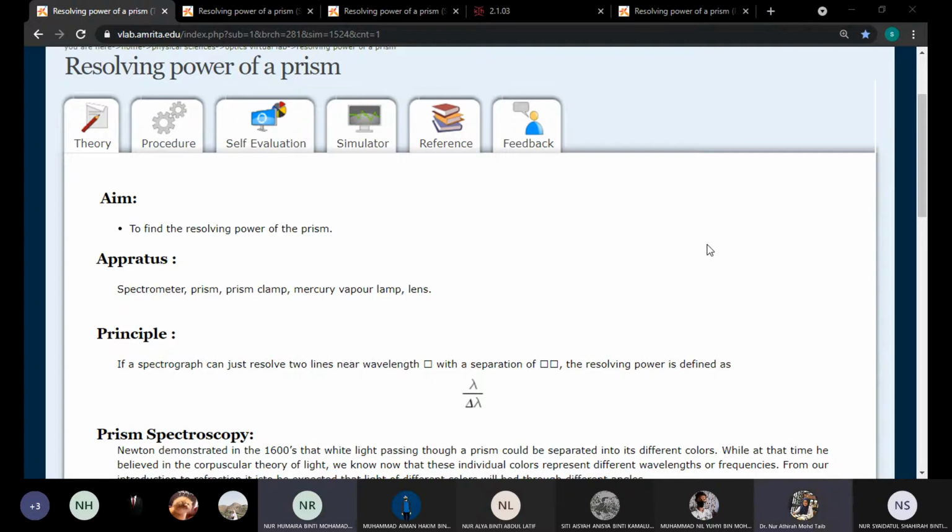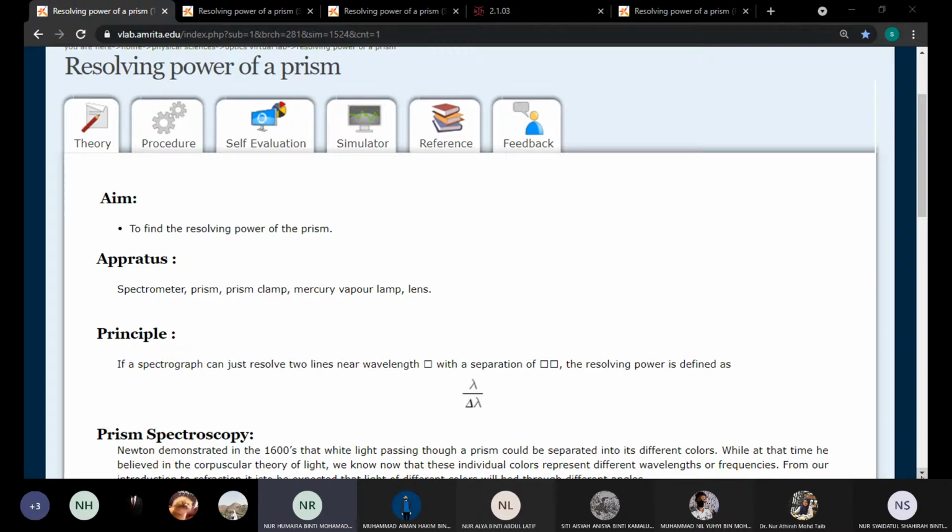Okay, we from group 1 will present the first experiment, which is under the topic resolving power of prism. So first, we start with theory. The aim of this experiment is to find the resolving power of prism, and the apparatus needed is a spectrometer, prism clamp, mercury vapor lamp, and lens.